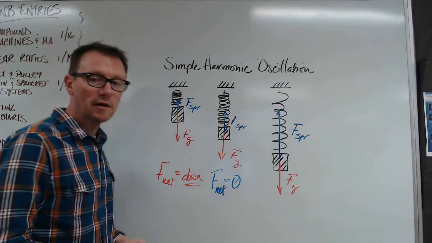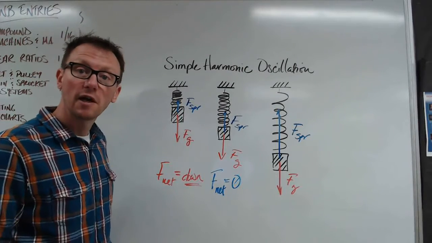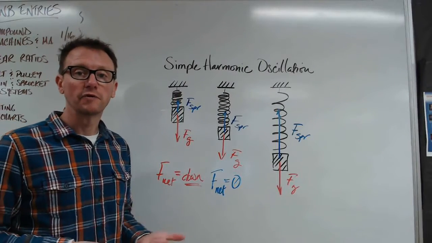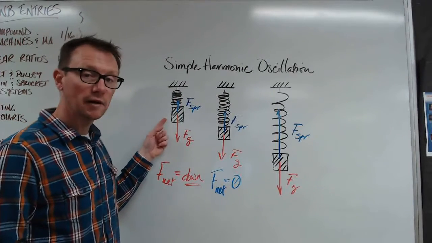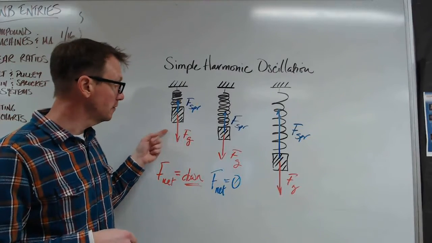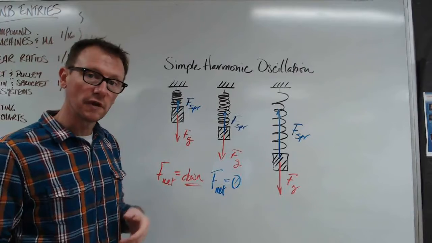It doesn't really matter at this point how much that force is, just that there is a net force downward. Anytime there's a net force, if you remember all the way back to Unit 2, a net force produces an acceleration. So this mass is going to accelerate downward towards a central position, which we're going to talk about in just a second.